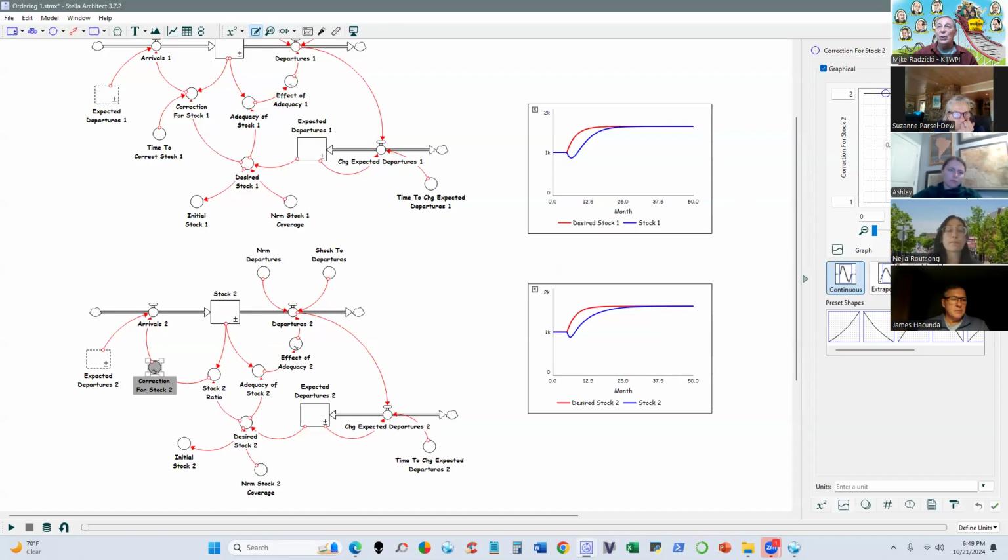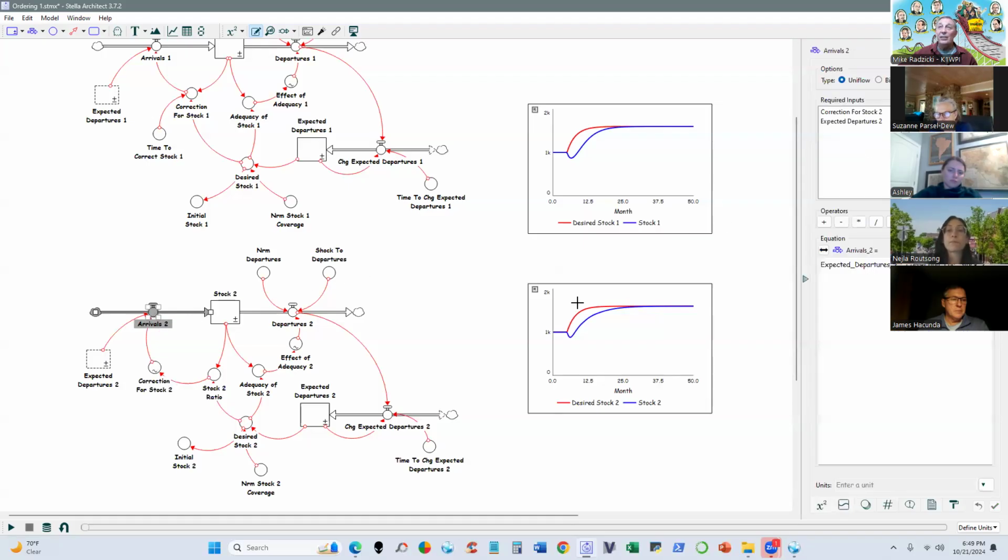So it's going down to 1: when you're at your desired level, it's 1. So all you're doing is replacing what you expect to lose.